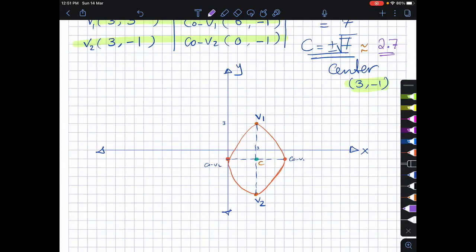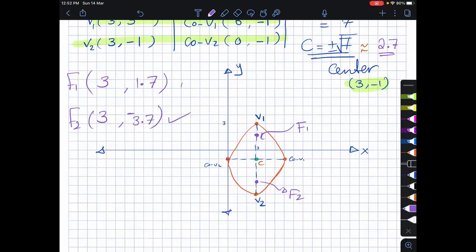So from the center we move up 2.6 or 2.7 and move down 2.6, and name this one F2 and this one F1. So the coordinates of the foci: (3, 1.7) and (3, negative 3.7).